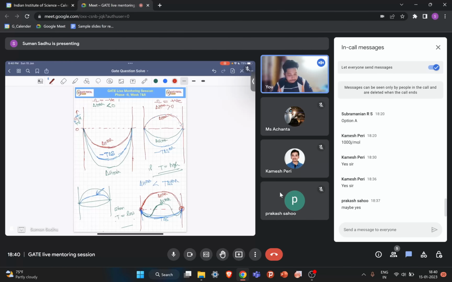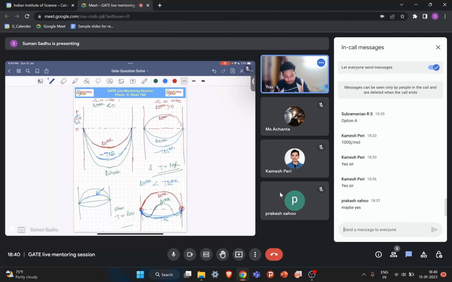But in case of your entropy, at the pure compositions, that is xA near 1 or xB near 0, the slope of your entropy curve is minus infinity.